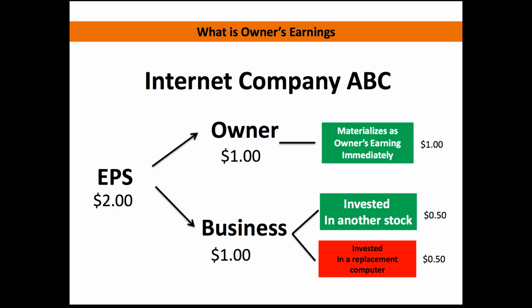So this is our difference. When you see those two green, that's the owner's earnings. That's what Warren Buffett is referring to whenever he says owner's earnings. The 50 cents that comes off, you could maybe call that the company's earnings, because that's not something that you actually saw materialize.